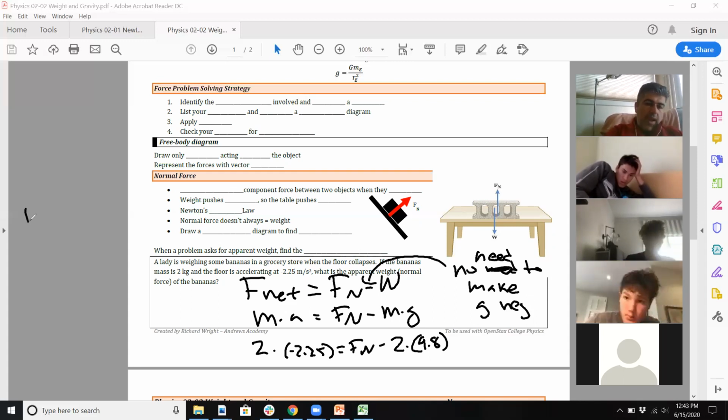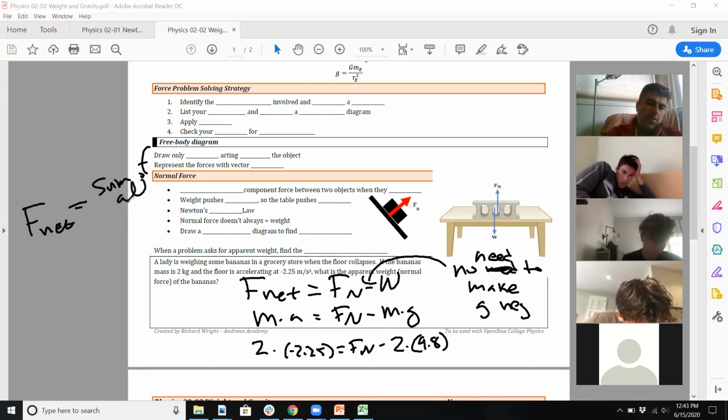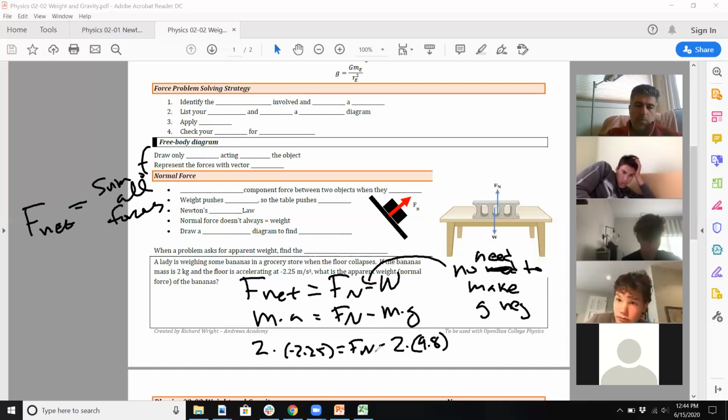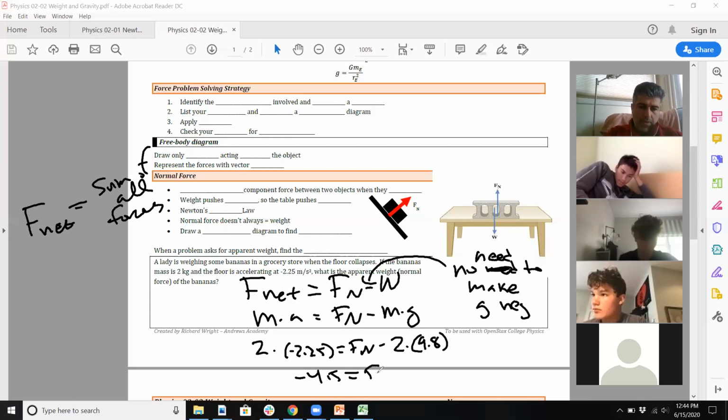So F net technically, I do say change, but sometimes your forces are in a negative direction. If we put a minus in front of W, you've already taken care of that negative for g there. And if you were to work it out, I think you'd have negative 4.5 equals Fn minus 19.6. So Fn is going to be 15.1.